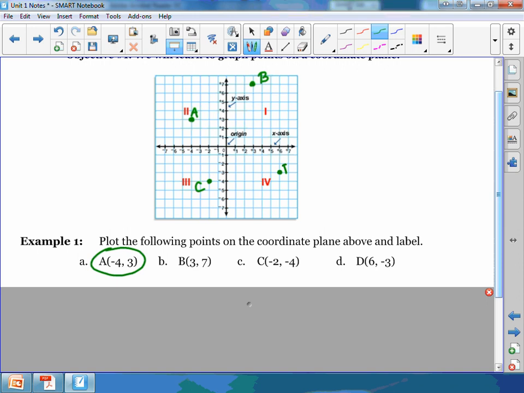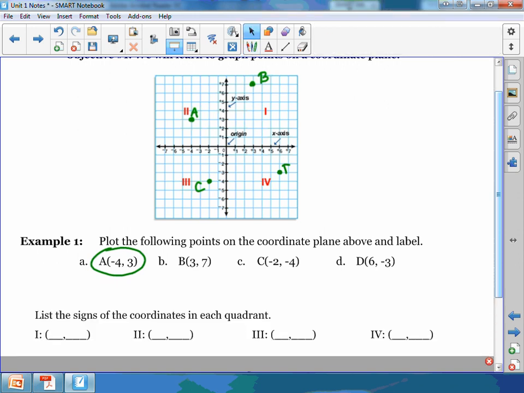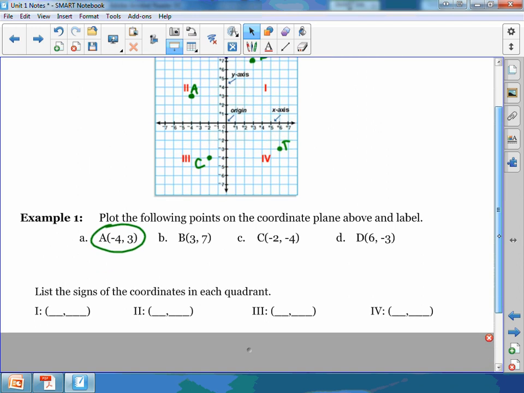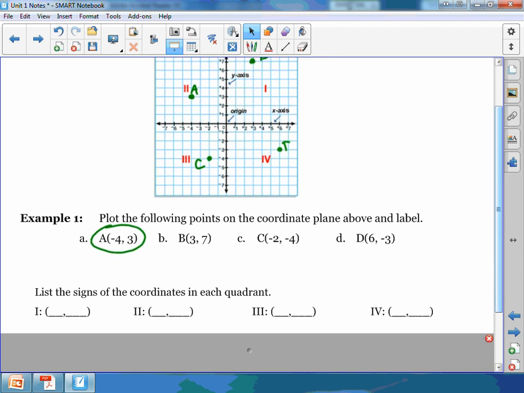All right. Now here's the thing. In order for us to land in these different quadrants, give it time to think, there are some rules that you could follow. If I look at an ordered pair, I can tell you immediately which quadrant it's located in based on the signs of the coordinates themselves.